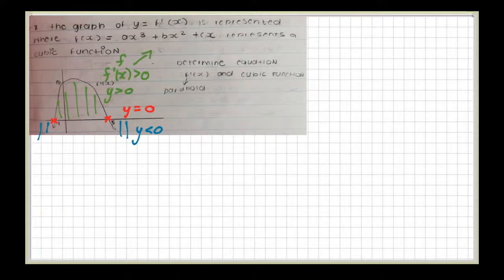On the red one, I'm telling you f'(x) is 0, which means that is a stationary point. So f(x) has got 2 stationary points at x equal to -1 and x equal to 5.